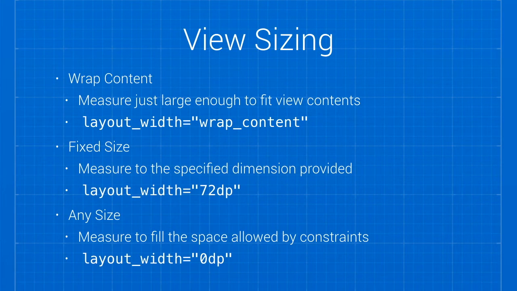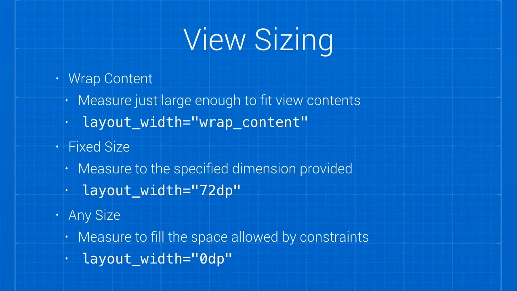Fixed size, no changes there, right? If I just tell a size to be some particular dimension, it's going to do that, okay? The weird one is any size. So they've added this additional rule, which it turns out in XML is not that fancy. It's just setting the dimension that you're working at to 0. But if a particular dimension is set to 0, they call that defining that as any size.